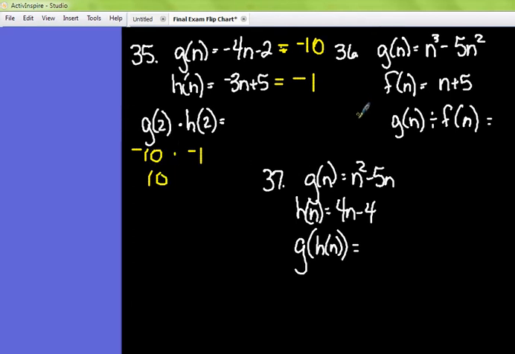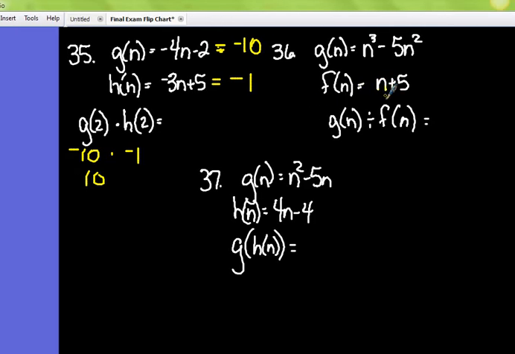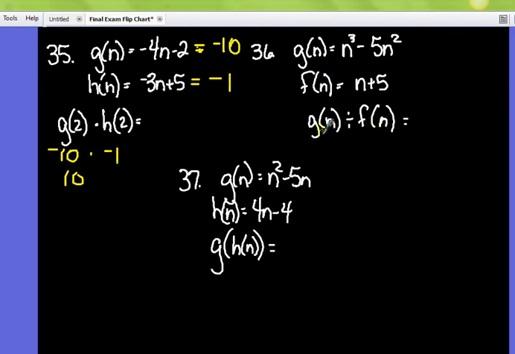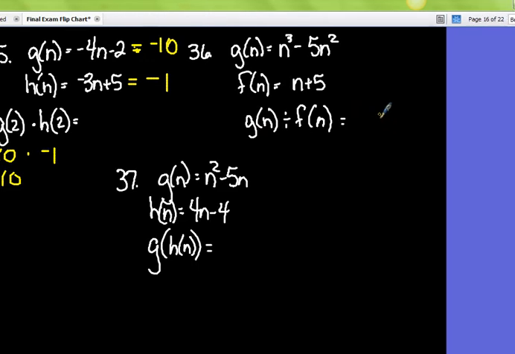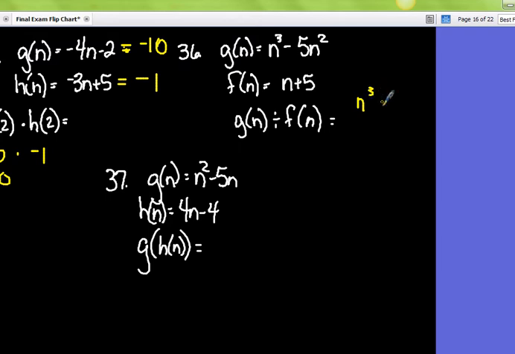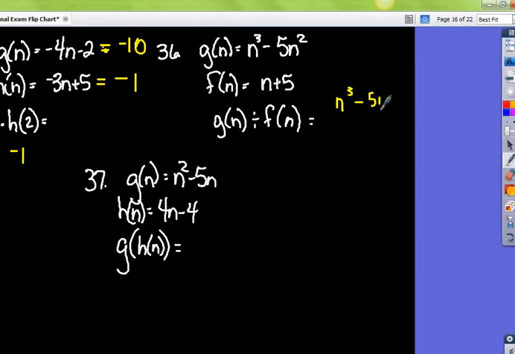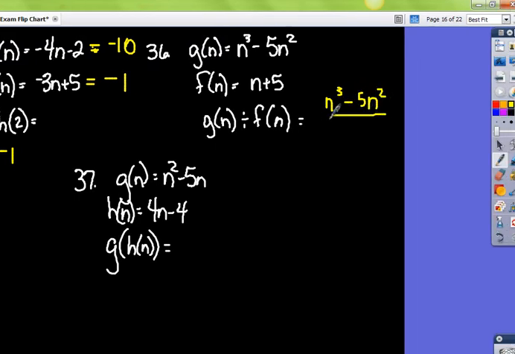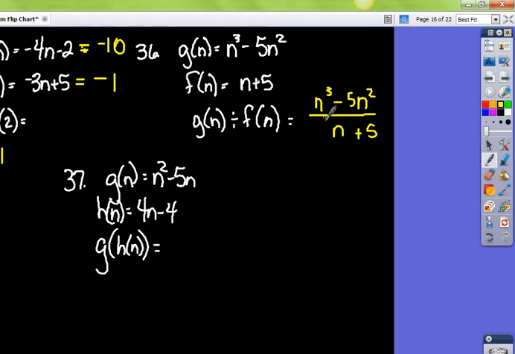All right, number 36. We're going to be dividing g of n by f of n. So let's just start with putting g of n in the upstairs of this fraction and f of n in the downstairs. And we're going to just leave it like that. Couldn't be easier than that. Now, we want to be careful that we don't overlook GCFs and so forth.